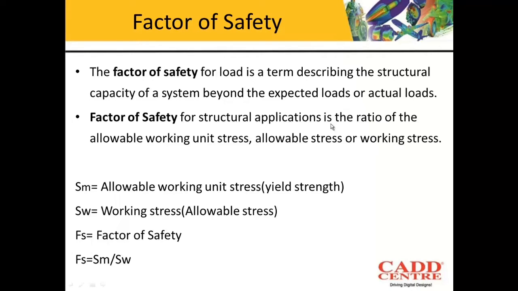In other words, it is the ratio of the allowable working unit stress to the working stress. So if you check the formula, if Sm is the allowable working unit stress, that is the yield strength of a material, and Sw is the working stress, that is the calculated stress, Fs is the factor of safety. So the formula of factor of safety is Sm divided by Sw.